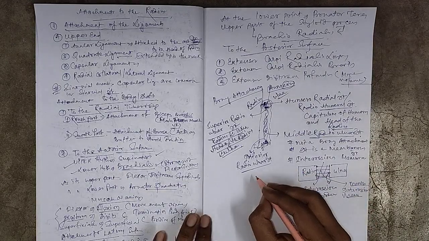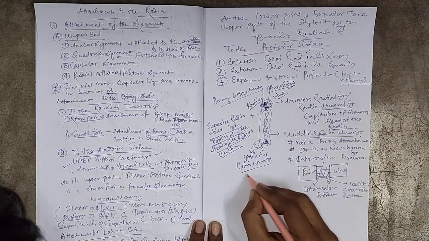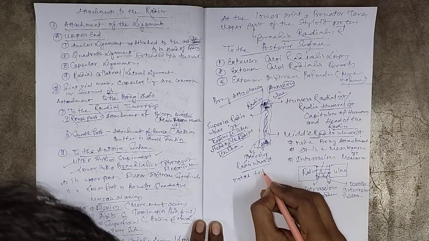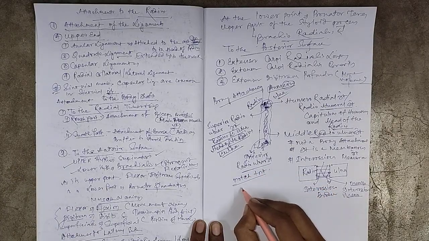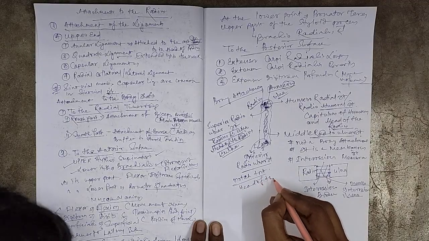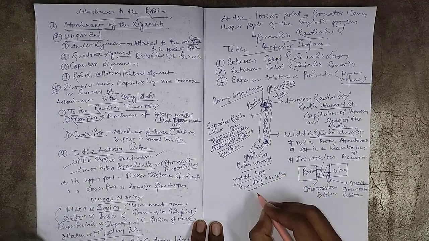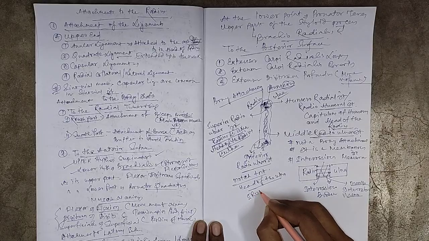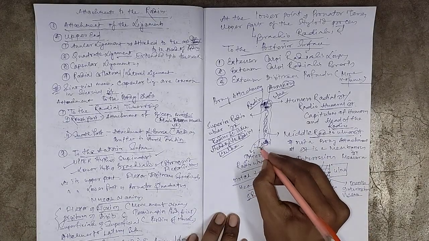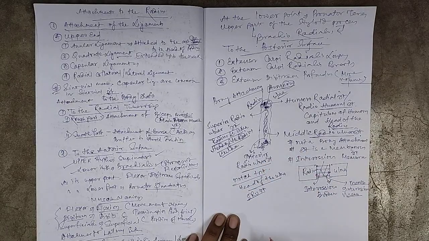It is formed by a notch present here. This notch and the head of the ulna together form the inferior radioulnar joint. And in the lower part, here the carpal joint we will draw.